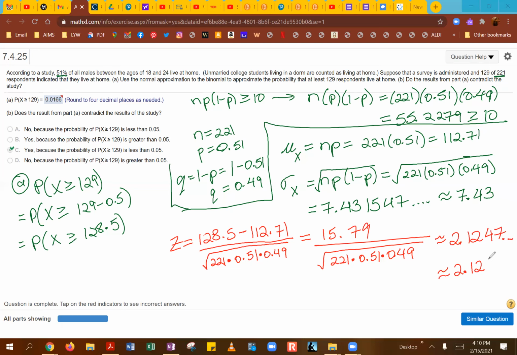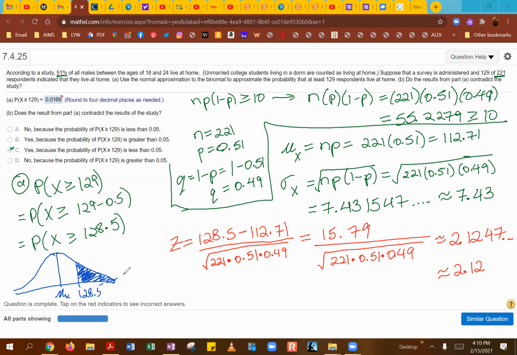Now, once you find your z-score, you can go into your standard normal distribution table and find what that probability is going to be. The one thing you will have to keep in mind is that since this was a greater than probability, and if you think about this as being our normal curve, our mean is going to be in the middle over here. Since we're talking about it being greater than 128.5, you're looking at this area over here.